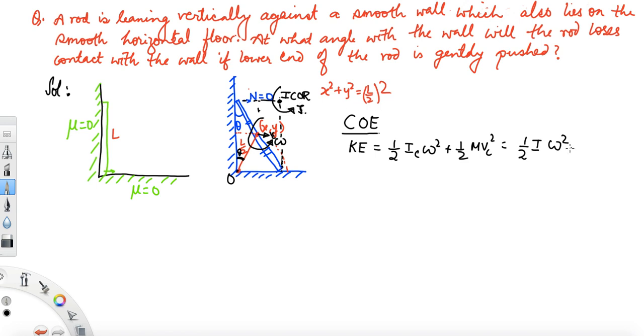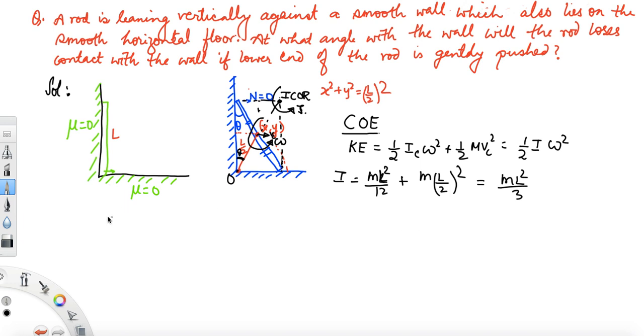This is what I. And of course, we can see that the moment of inertia about the instantaneous center of rotation, I, is equal to mL square by 12 plus, what is this distance? This distance is also going to be m times L over 2 whole square according to the parallel axis theorem, and it comes out to be mL square over 3. This is the moment of inertia about ICOR.